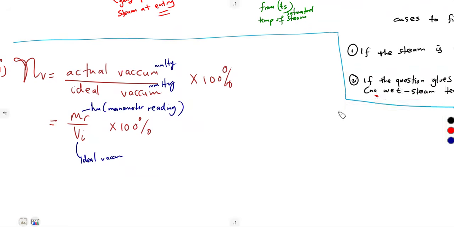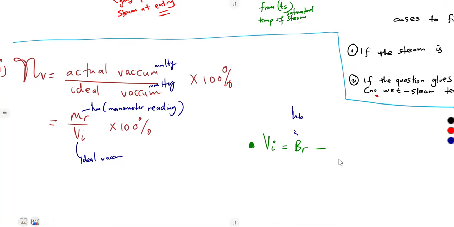So this one, VI, where VI is equal to our ideal vacuum, it is equal to the barometer reading, our HB. All right, barometer reading minus, take note on this part that I'm going to explain here.